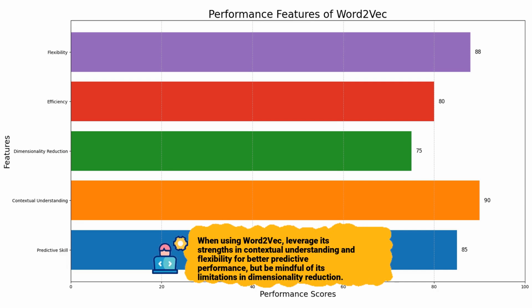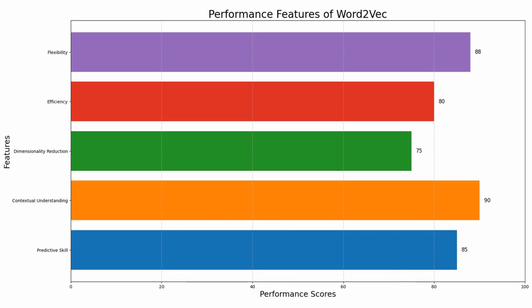Pretty neat, huh? Efficiency comes in next at 80. It's solid, sure, but a touch lower than the adaptability and predictive capabilities we've just discussed. And then there's dimensionality reduction bringing up the rear at 75, which creates the most significant gap, 15 points, when compared to our top feature.